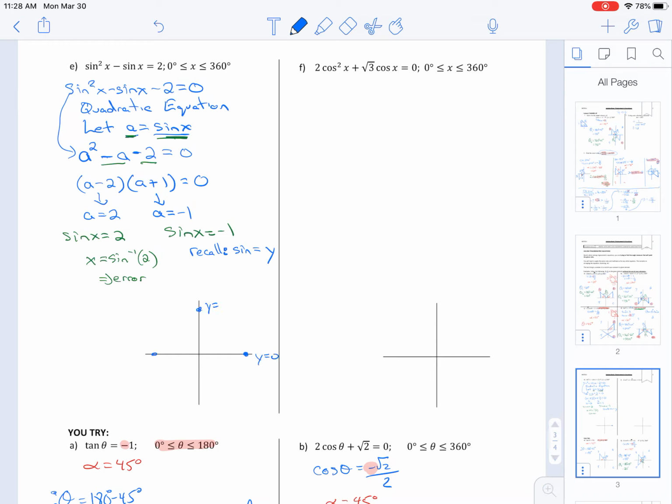This is y equals 1. This would be y equals 0. And down here, we get y equals -1. So down at 270 degrees is where I'm going to find this angle, and therefore x equals 270 degrees. So that's this angle here.